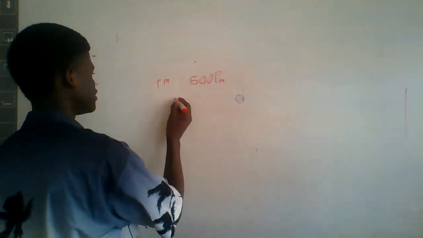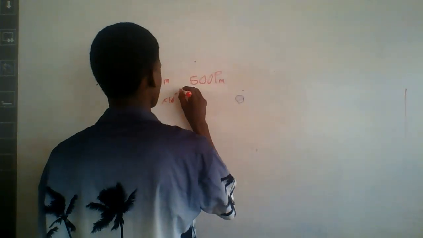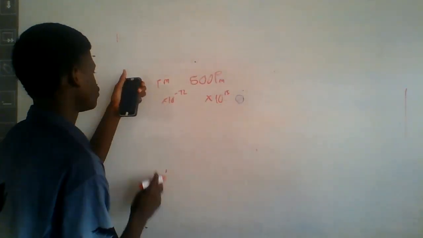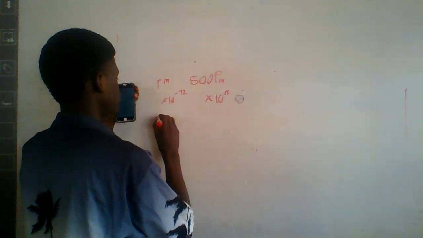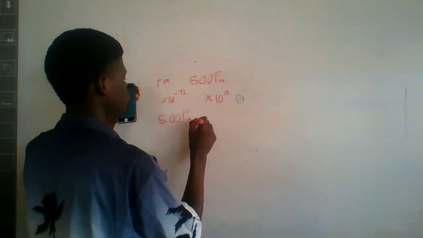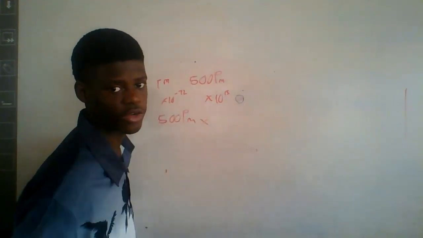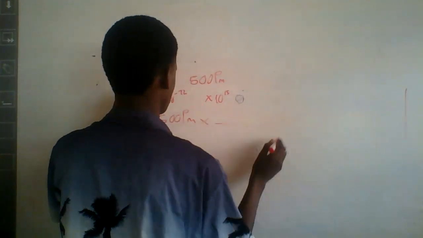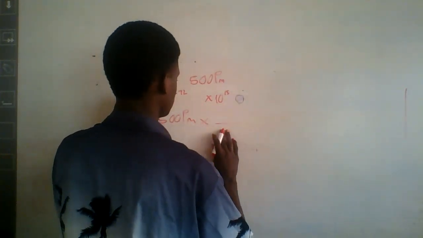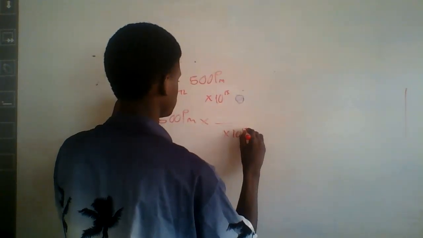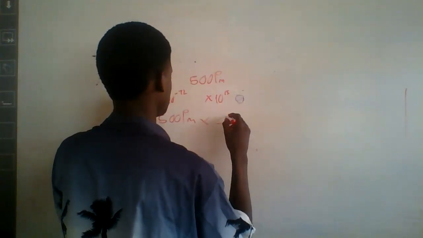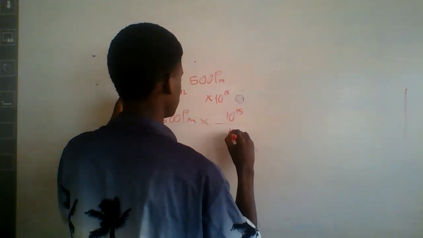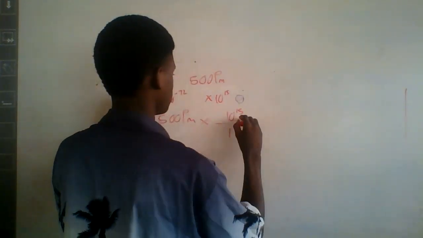I said decimeter is 10 to the power minus 12 and pentameter is 10 to the power 15. So in doing this, it's just like saying 500 pentameter. I want to cancel using the chain link conversion method. I want to cancel the pentameter. One pentameter is 10 to the power 15.